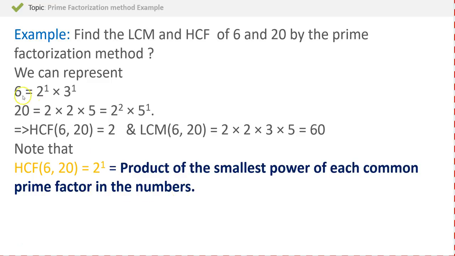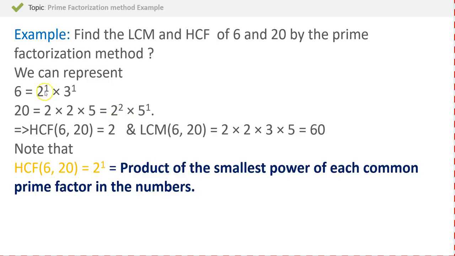What it means is, I had numbers 6 and 20, I break them into prime factors, and now I look at what is common between the two. The number common between these prime factors is 2, and now I have to look at the minimum power for that prime number.